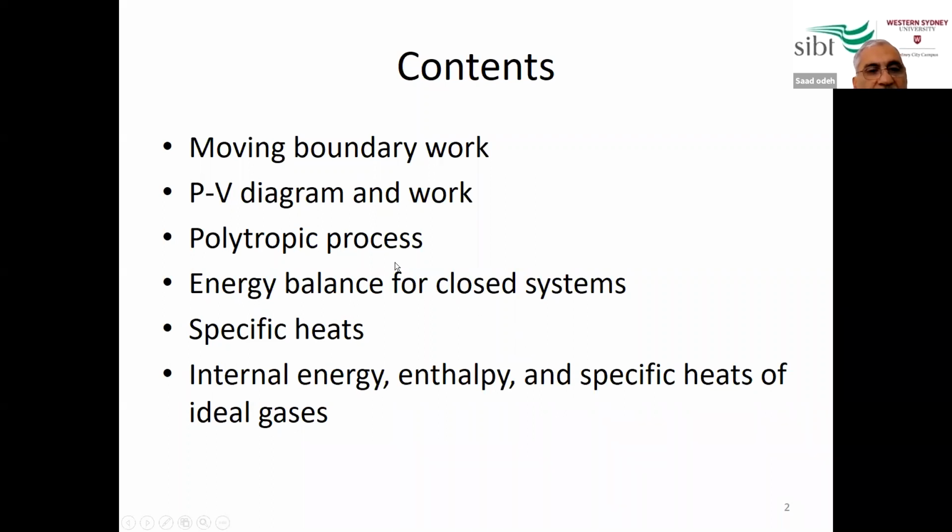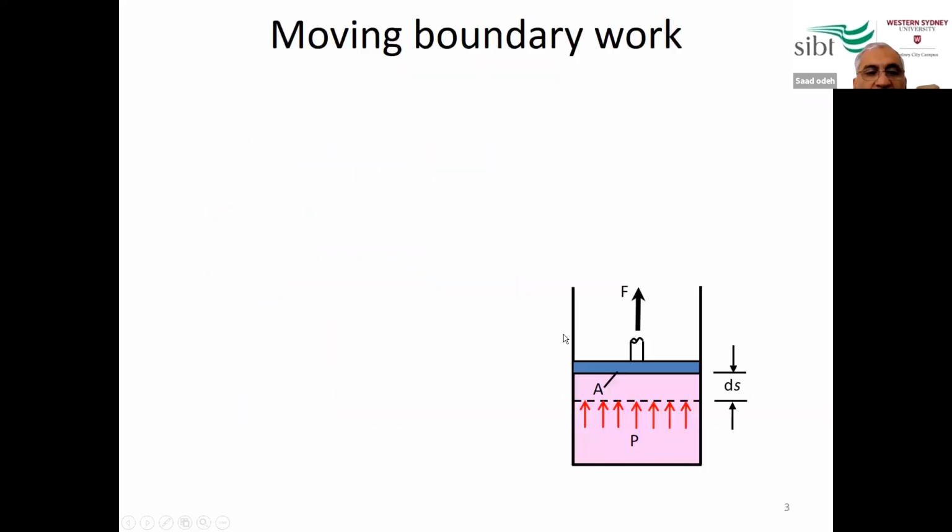The fourth type is the polytropic process, which is more related to real-life systems. And also we'll talk about how to make an energy balance, as well as how to use the specific heat to find the enthalpy and internal energy of the system. So we'll take it one by one.